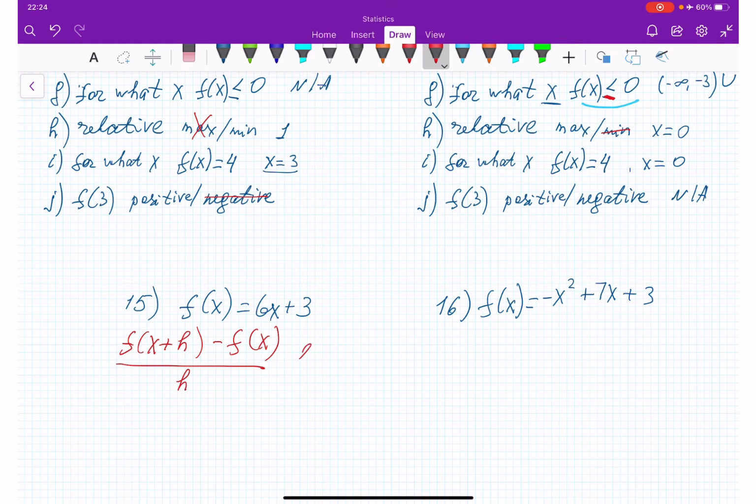And h cannot be equal to 0, because division by 0 we cannot stand, because our fraction will be division by 0. All right, so what does that mean?